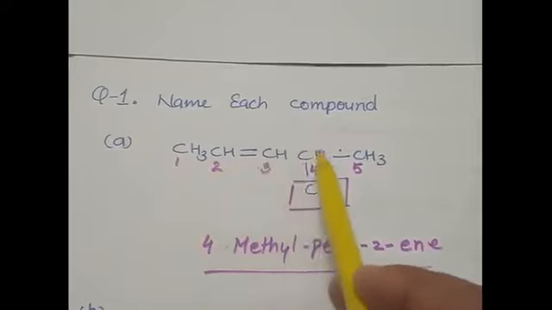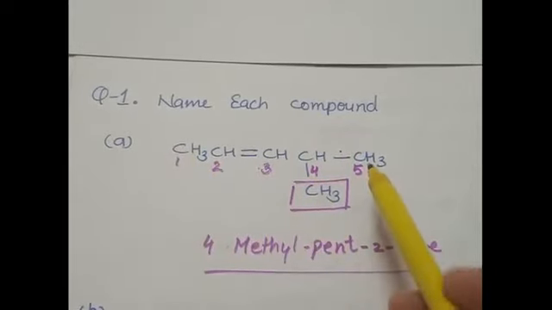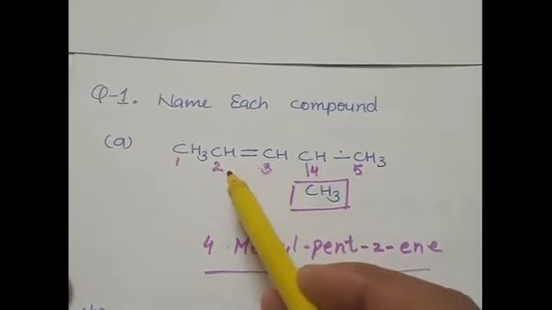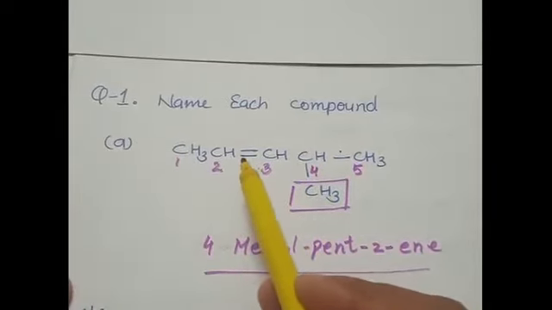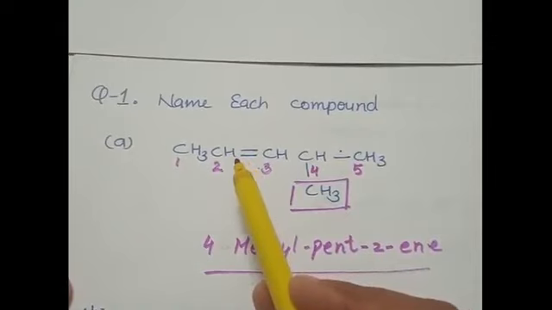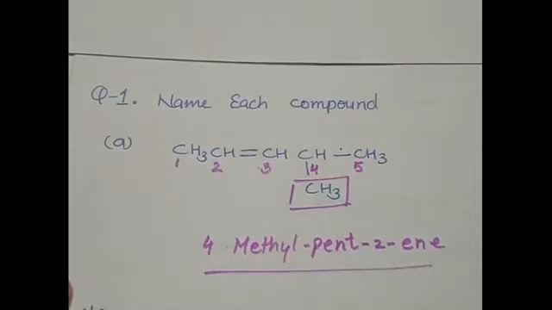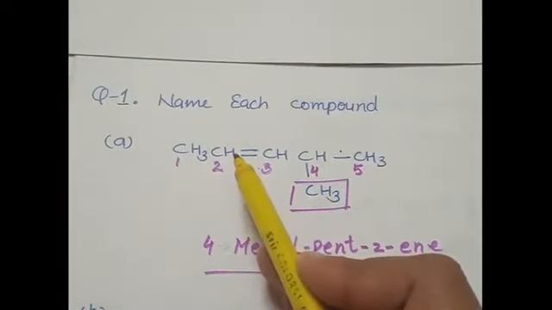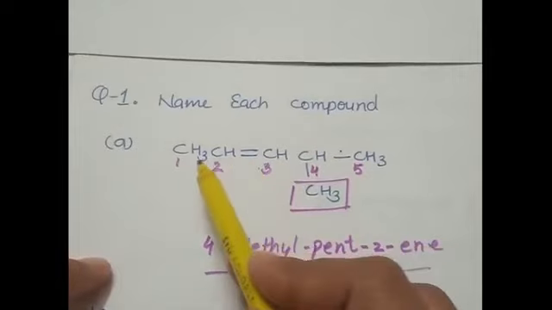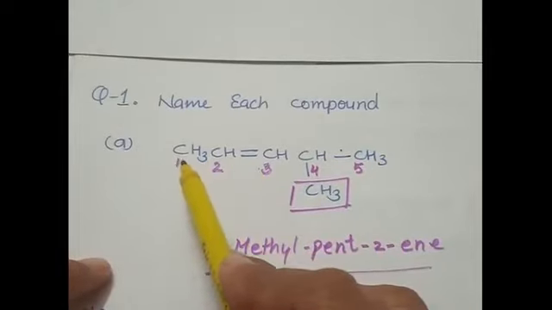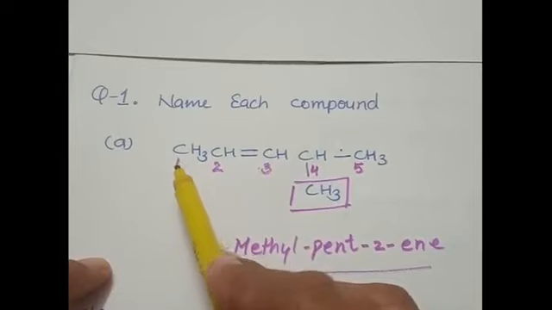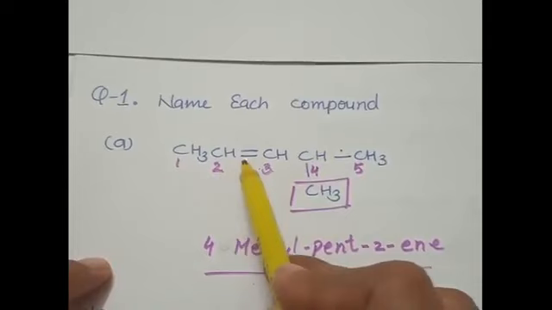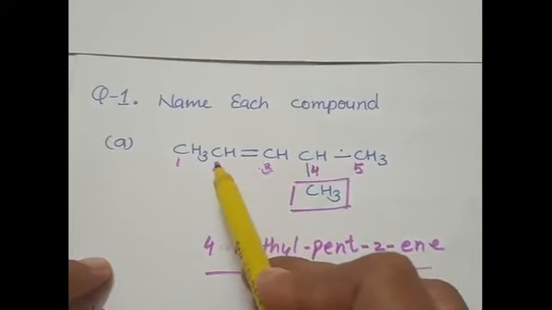1, 2, 3, 4, 5. So this would be our parent chain, and we will start counting the carbon atoms from where the double bond gets the priority, and we have to take the number of the carbon which is attached first in the parent chain. If we start counting the carbon from here, it is 1, 2, 3, 4, 5, so the carbon attached to the double bond is at the second position.